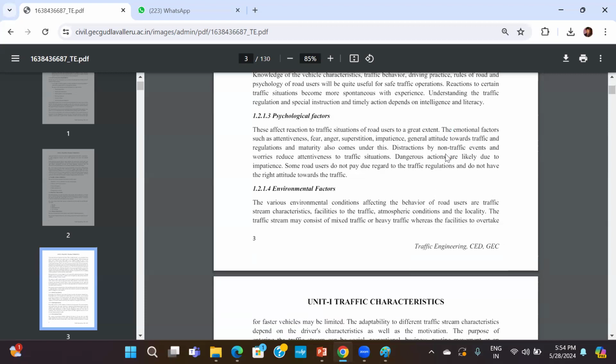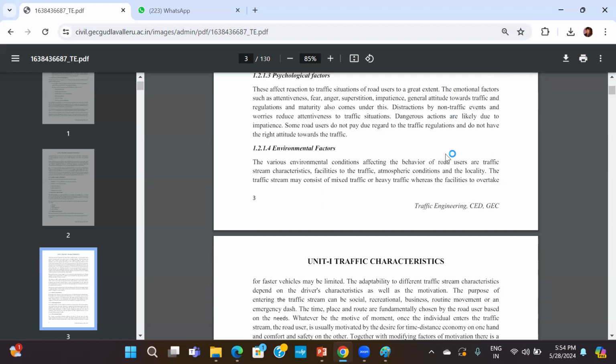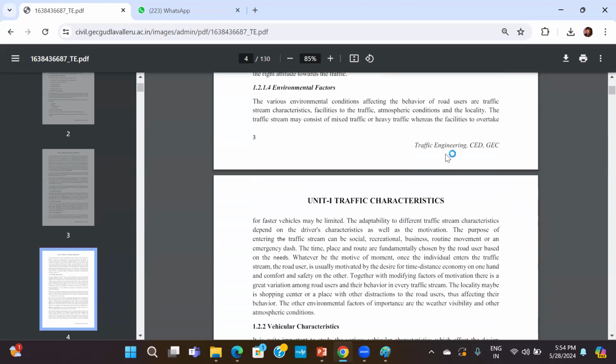The traffic stream may consist of mixed traffic, as in India, whereas the facilities to overtake the faster vehicles may be limited. The adaptability to different traffic stream characteristics depends on the driver characteristics as well as the motivation. So this is about the environmental factors.